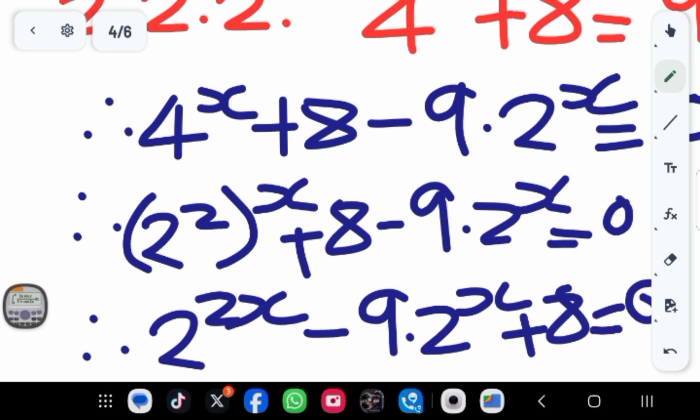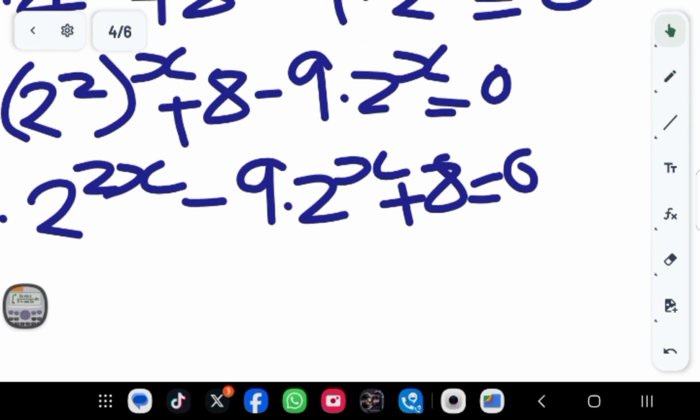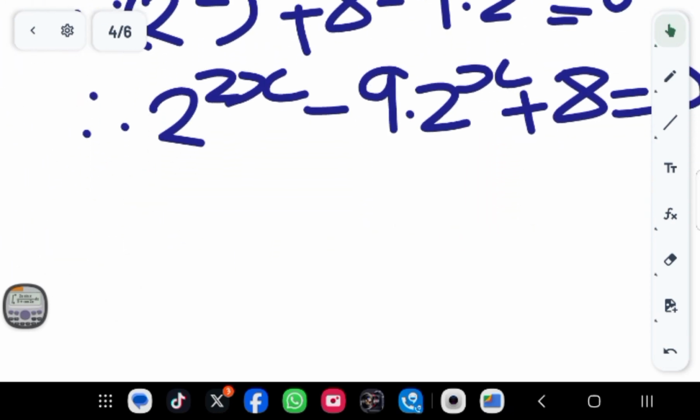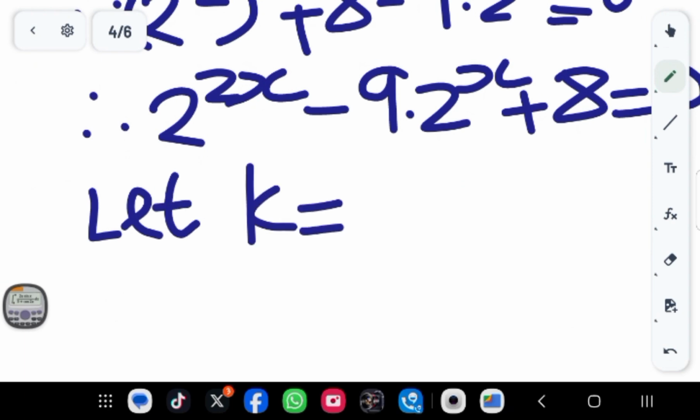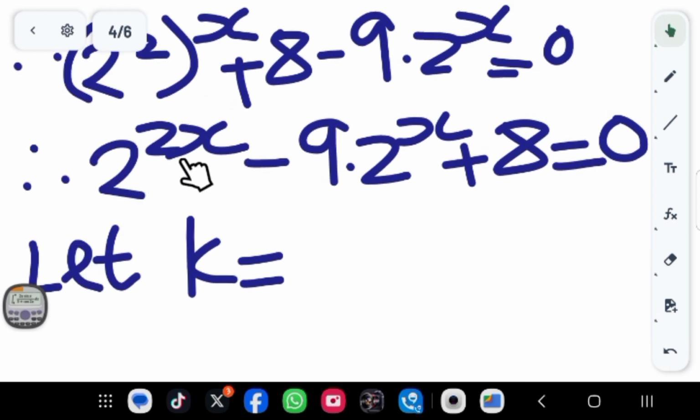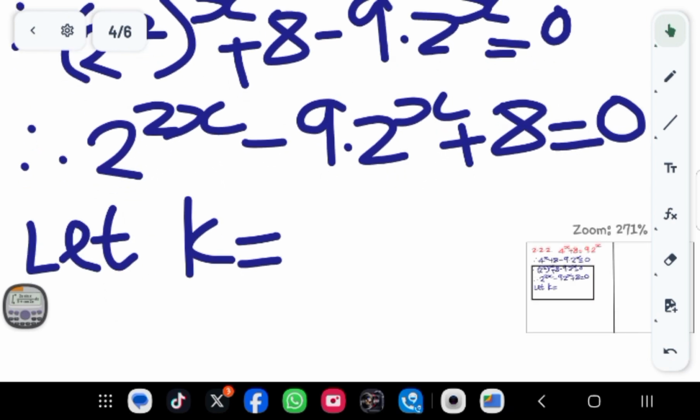Notice that all I did was rearrange this into standard format. I did not change anything at all. All I did was move the terms around. Now, notice that if we let k, if you don't have a problem solving it exactly the way it is, notice that 2 to the power of 2x is the square of 2 to the power of x.